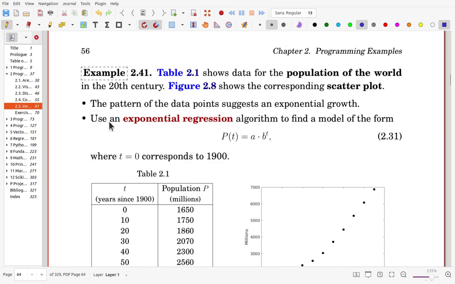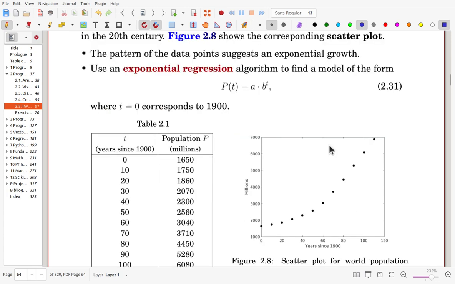The pattern of the data points suggests an exponential growth. This shape is like an exponential growth, so we may try to use exponential regression as a representation. We try to find the exponential function fitting the data points best.